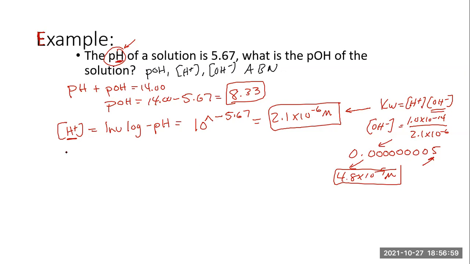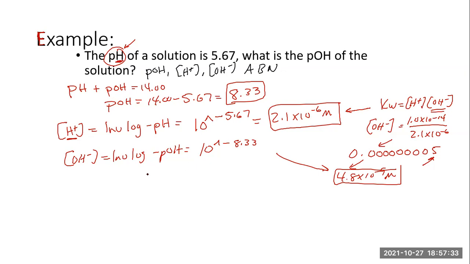You also obviously can do the inverse log of the minus pOH, which would be 10 caret negative 8.33. And again, that should get you to that number as well. It may cut out in terms of zeros on your calculator, and you may bottom out there at 5 if you're not in scientific notation, and that's okay as well.